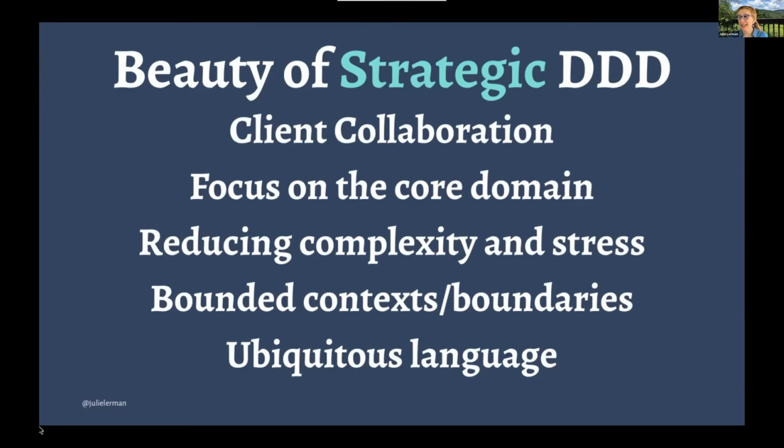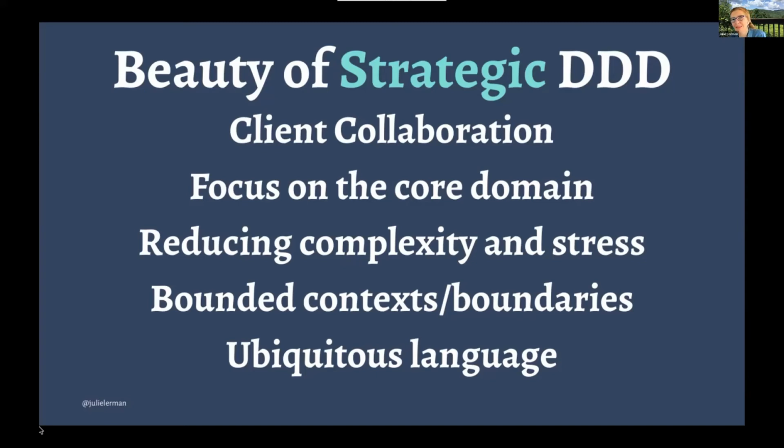Focusing on what we refer to as the core domain, right? Like, what's the most important thing in your business? It's unique to your business, right? So not something generic like credit card processing, right? And having an understanding of what you should be really spending your time on, right?